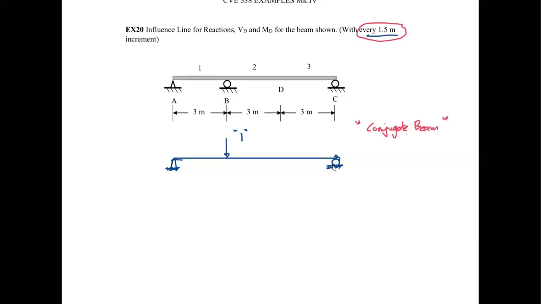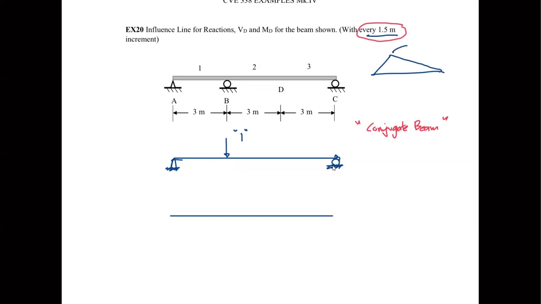The conjugate beam method is the method where we put the bending moment diagram of the beam itself on the beam. When the unit load is at B, the bending moment diagram looks like that, right?